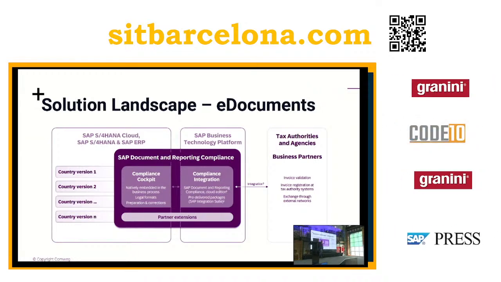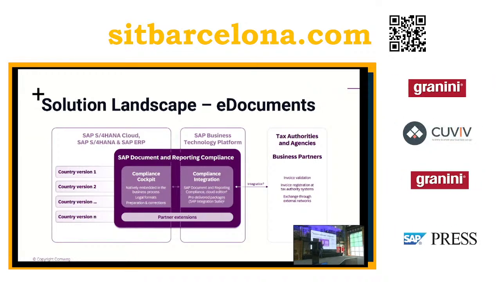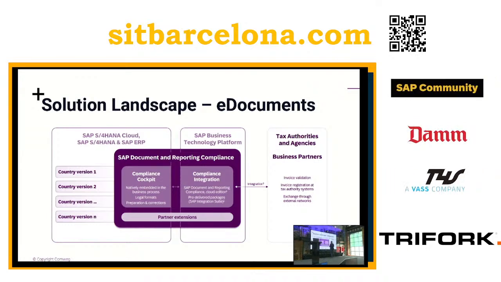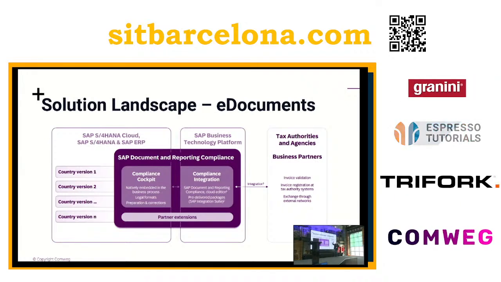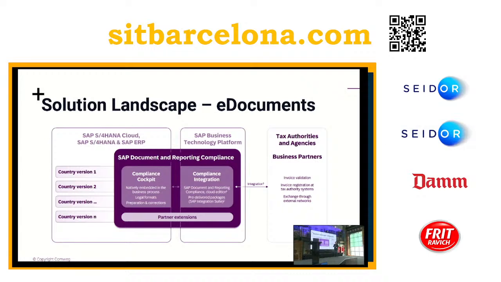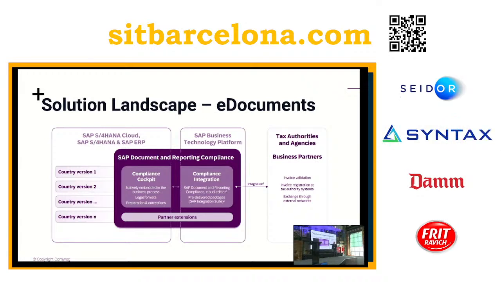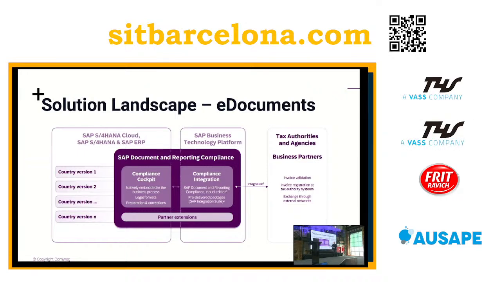And on the other block, we have the SAP BTP. On the SAP BTP side is the integration part. You have two different possibilities there. One is SAP Integration Suite, which you use to connect with a few countries. But then you have also the SAP Document and Reporting Compliance, cloud edition.